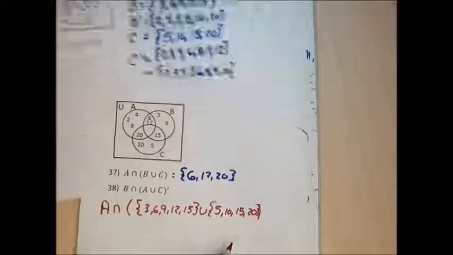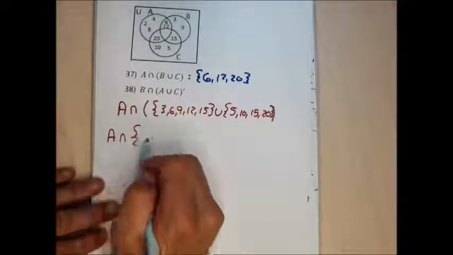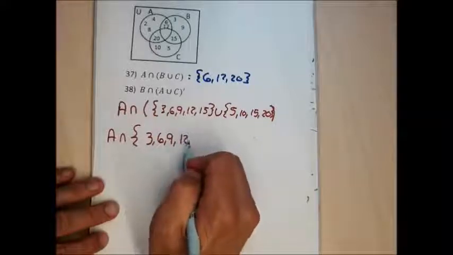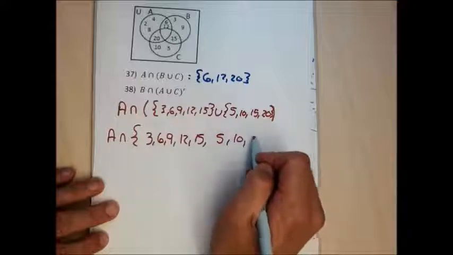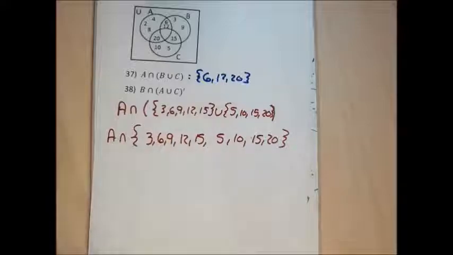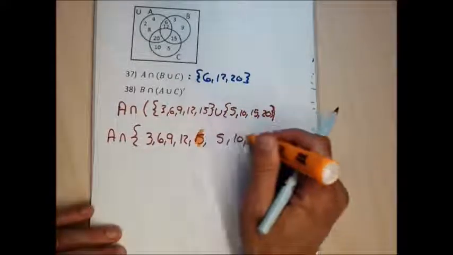When I union those two sets, I get a big set that has all the numbers from the first set, 3, 6, 9, 12, and 15, followed by all the numbers from the second set, 5, 10, 15, and 20, in one big set. And I throw out any duplication. Where's the duplication here? There's two 15s.